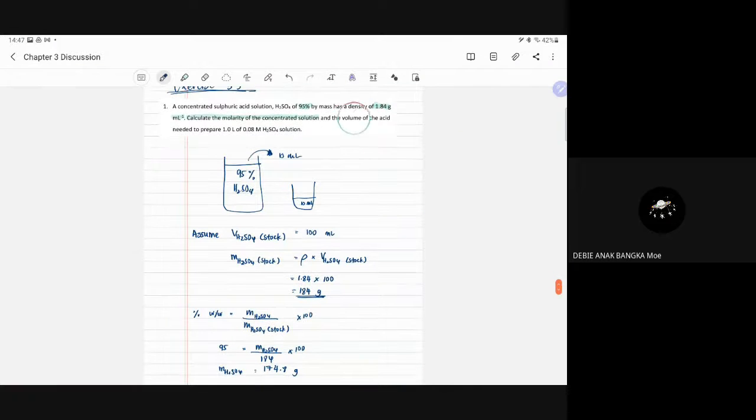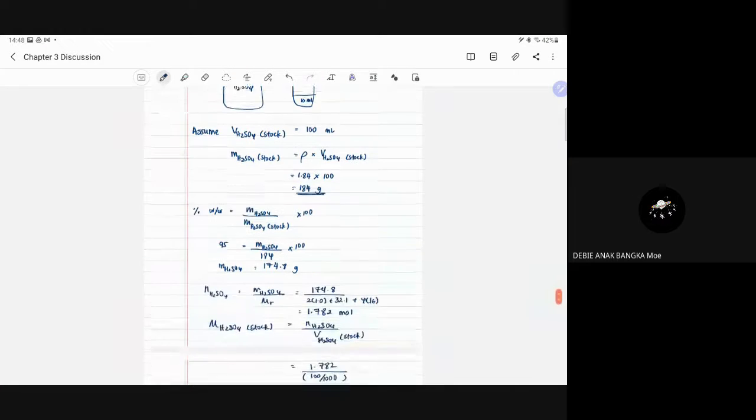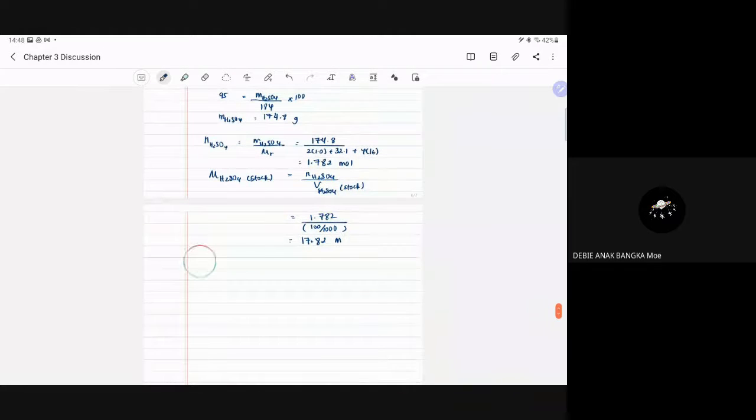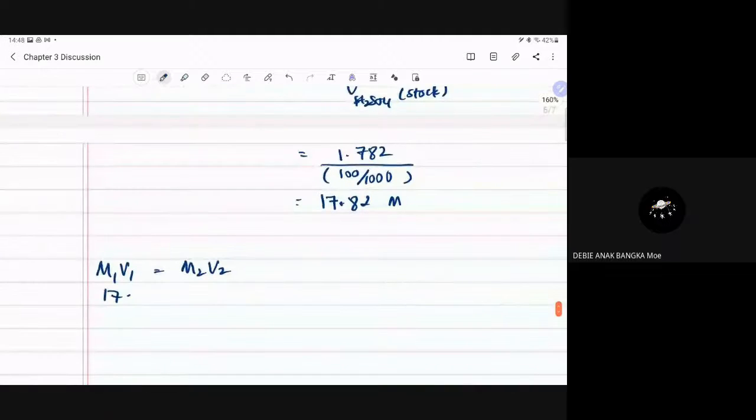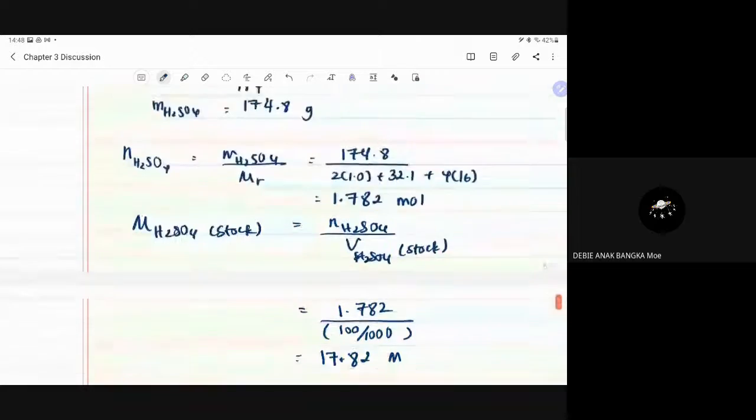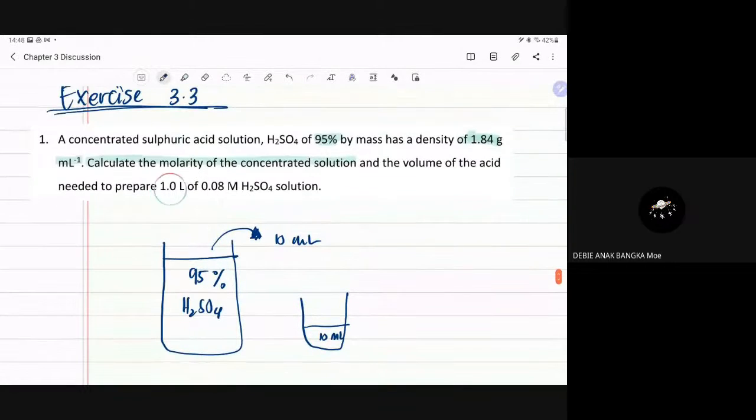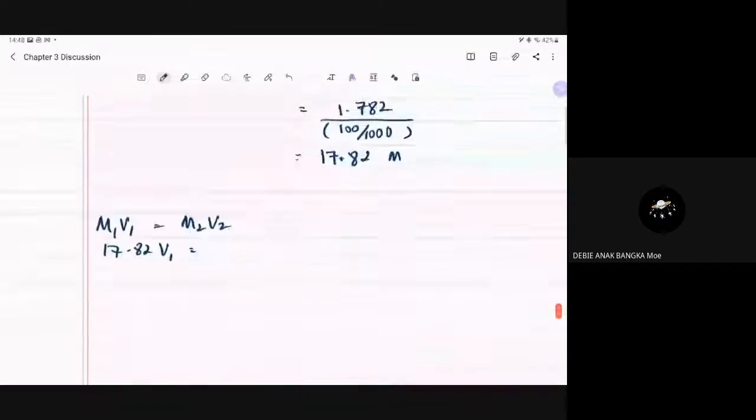Okay. Kemudian, bahagian kedua pula, calculate molarity of the concentrated solution and the volume. Okay. Volume needed untuk buat ini. Ini adalah soalan dilution pula. So, ini adalah M1 dia. So, sekarang kita cari M1 V1 equals to M2 V2. M1 adalah 17.82. V1 sama dengan M2, dia bagi tahu dia nak buat 1 liter 0.08.